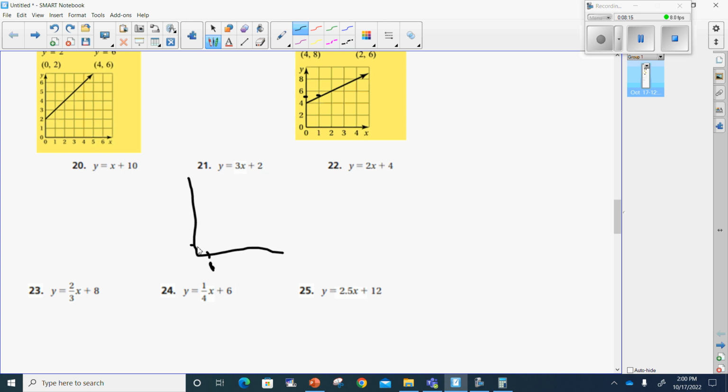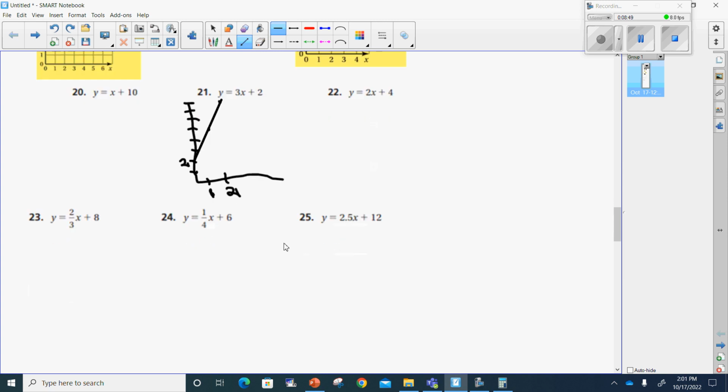So let's just try 1, 2, 3, 4, 5, 6. And remember, we're starting at 2. So we're going to start here. And then our line's going to go up 1, 2, 3, and over 1. And if I get 1, 2, 3 again, this would be another dot right here. So our line's going to go through number 2 and through these dots as well.